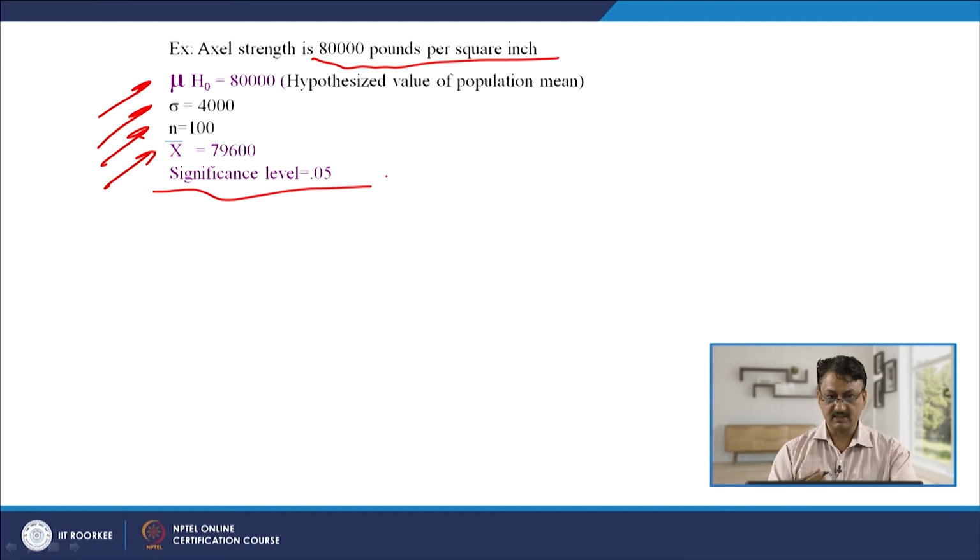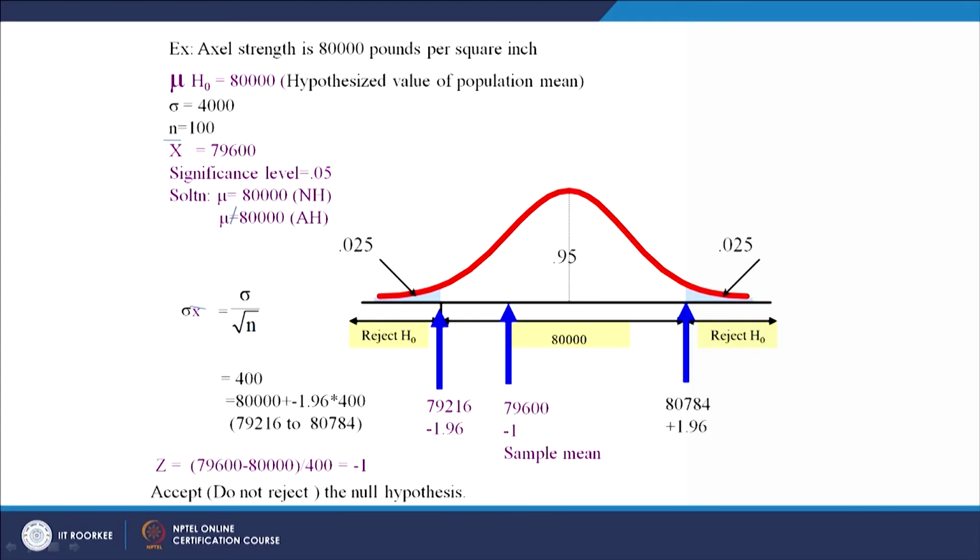The first thing is, you can easily calculate the z value and compare it with the table value, which would be 1.96. For this alpha value, the z value would be 1.96, and you would be calculating z as well. So, let us look at this.